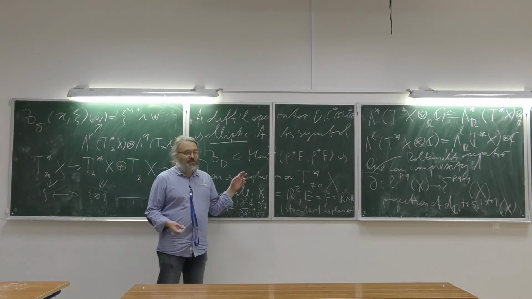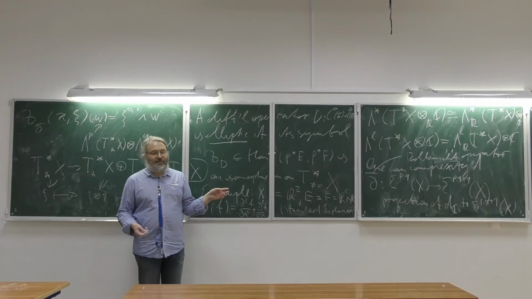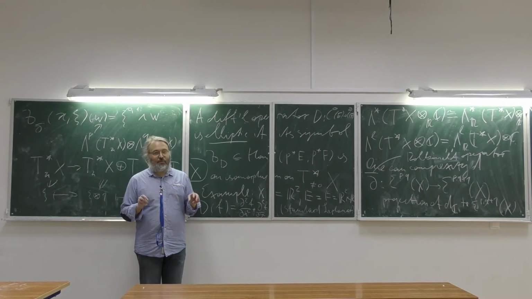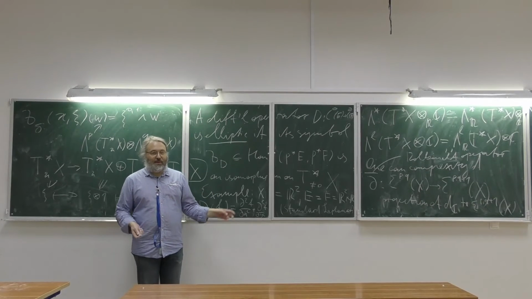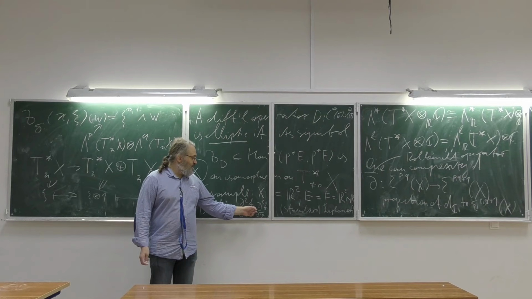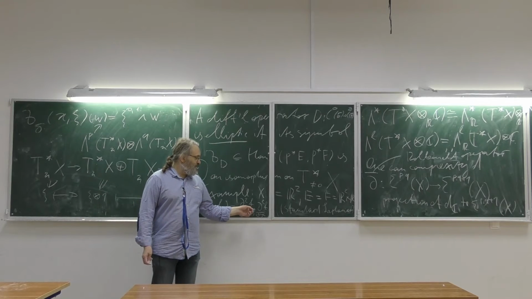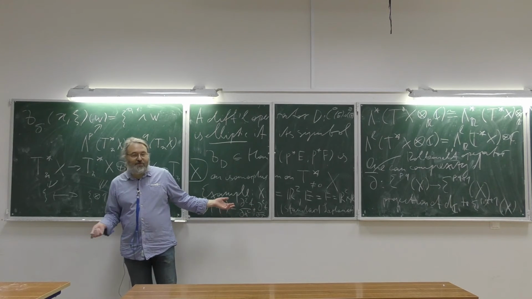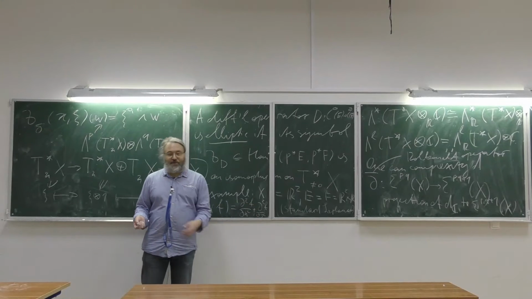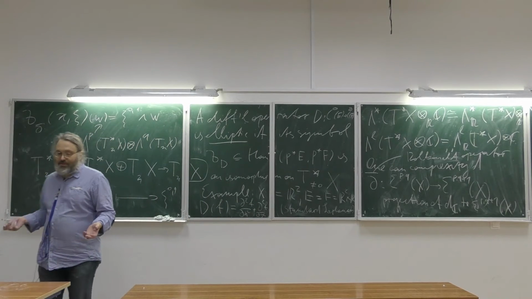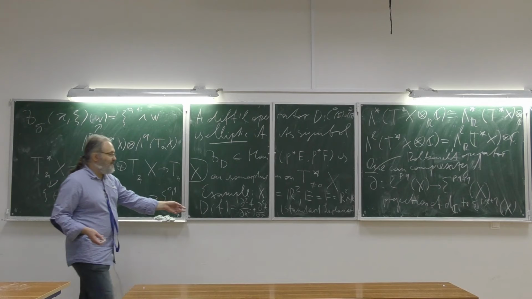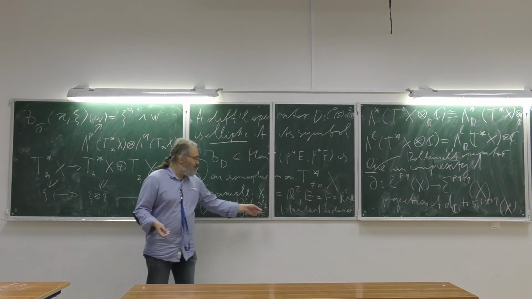This is how Paul Dirac invented the Dirac operator, which will be very important for us in the sequel. Normally, if you just take this expression, it doesn't make sense to try to find the square root of this.